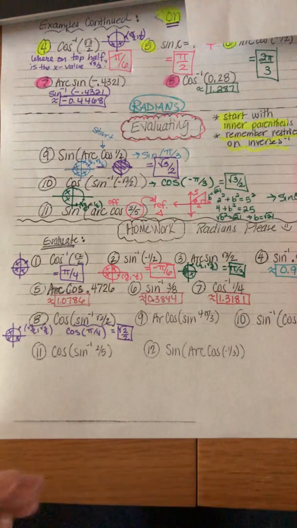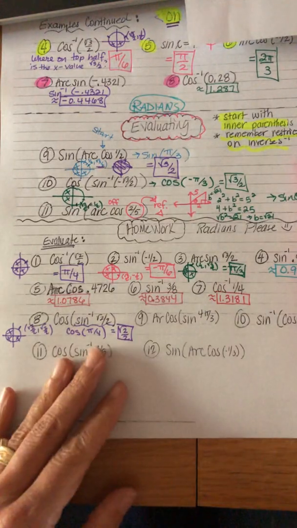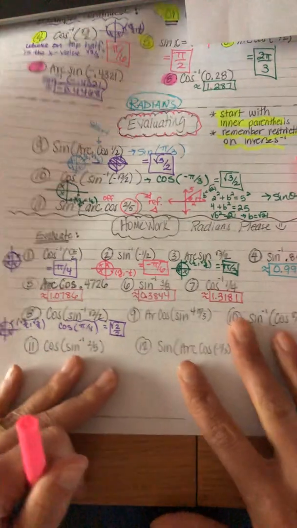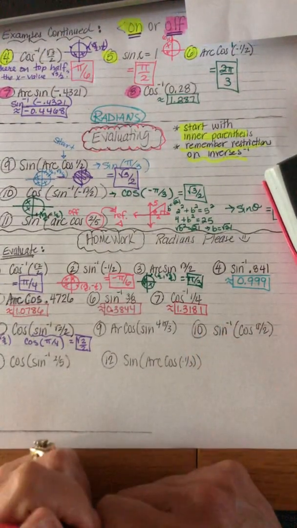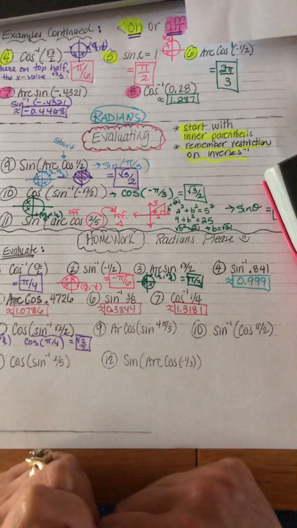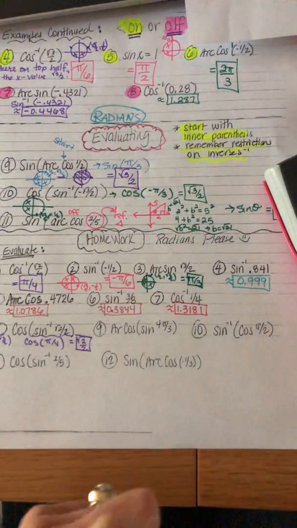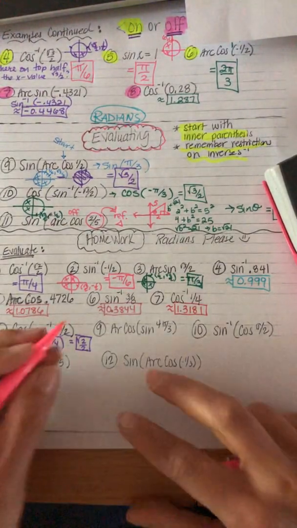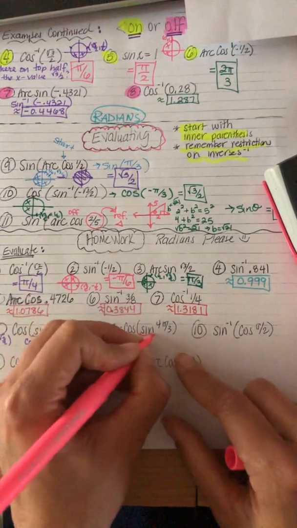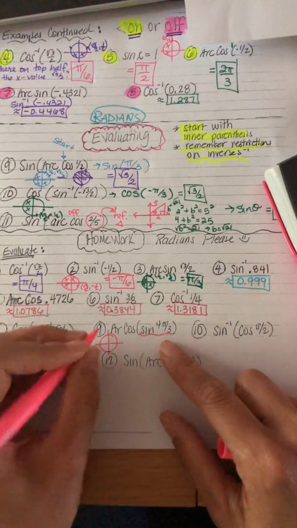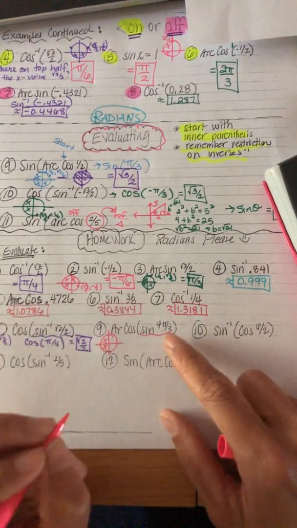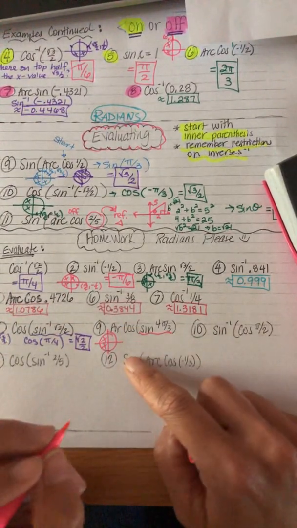Okay, so that's number 9. Number 9, we're finding the arc cosine of the sine of 4 pi over 3. Where in the world is 4 pi over 3? That's what we have to look at. Remember, we're trying to work inside out. So in our unit circle, we're going to look for 4 pi over 3.